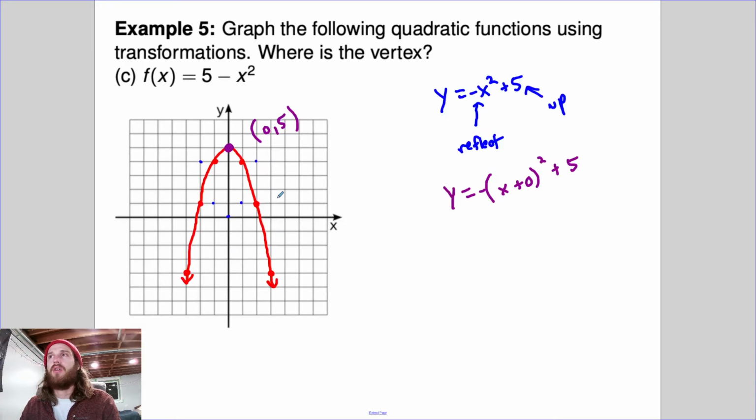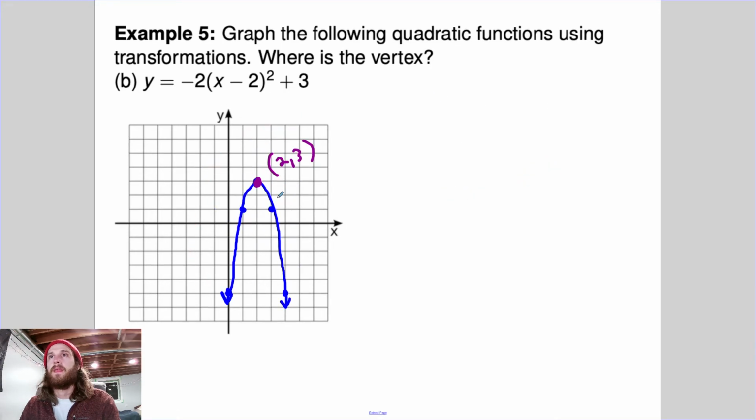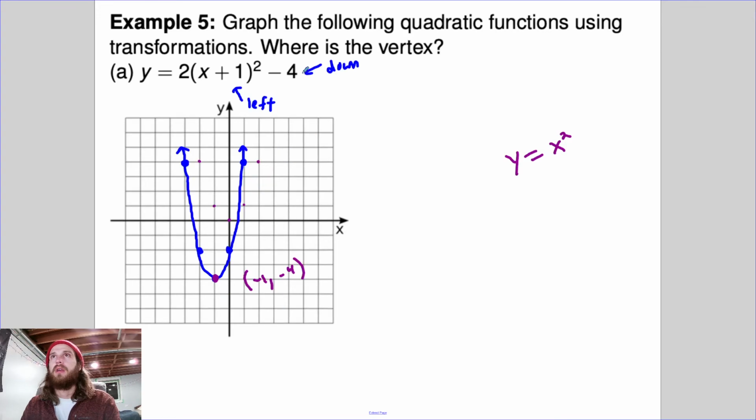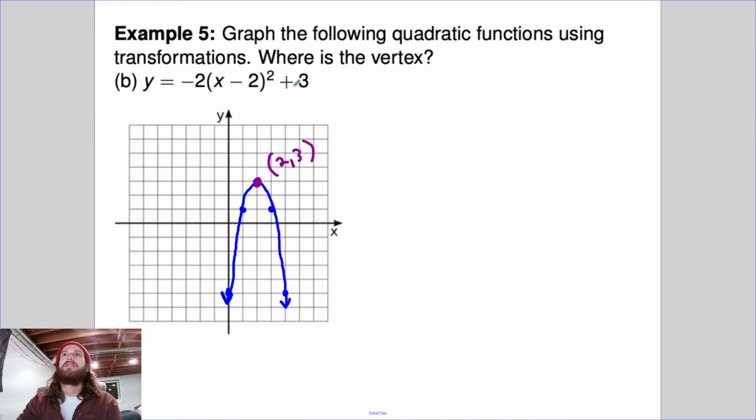And that pattern is that the y value of my vertex is always the vertical shift value. And the x value of my vertex is always whatever we're adding or subtracting, but opposite. So it's positive here, so it's negative in this case. And it's negative here, so it's positive in this case.